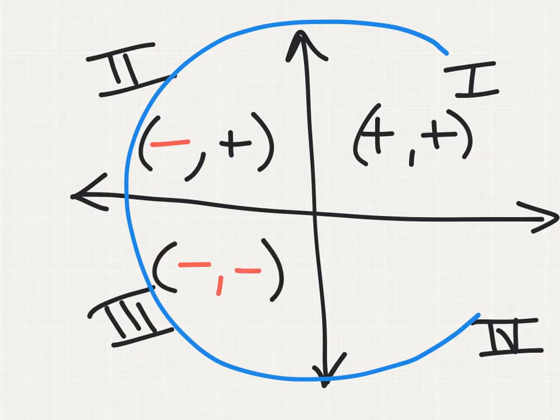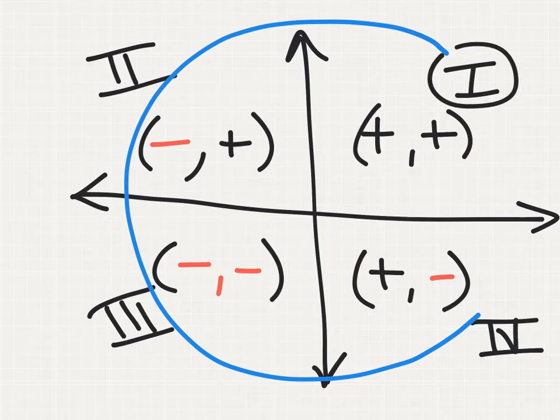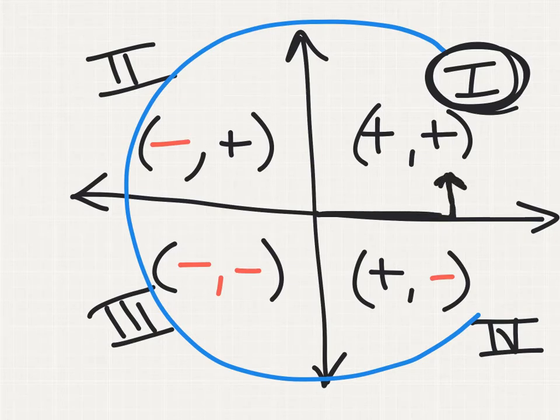In other words, every time my ordered pair is 2 positive integers, I will be in quadrant 1. Whenever I travel positive on the x-axis, that's to the right, and positive on the y-axis, that's up the y-axis, I'm going to end up in quadrant 1.